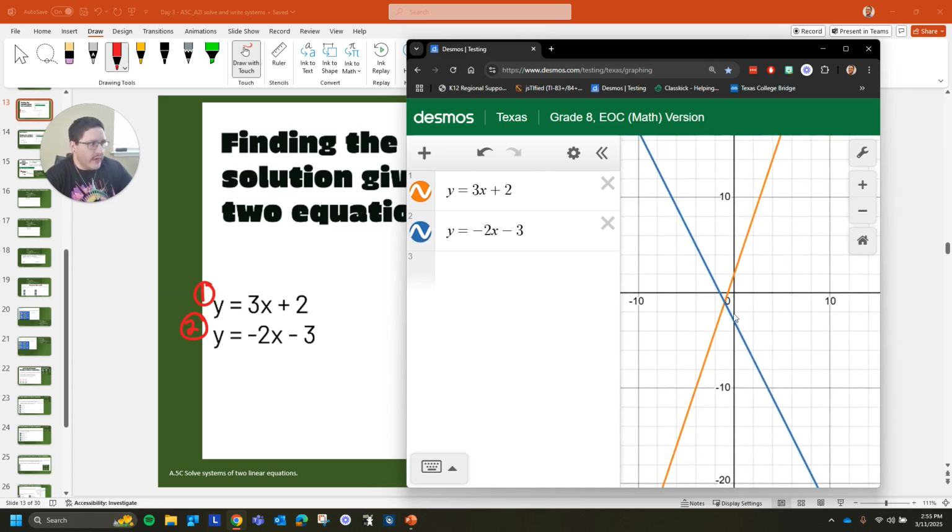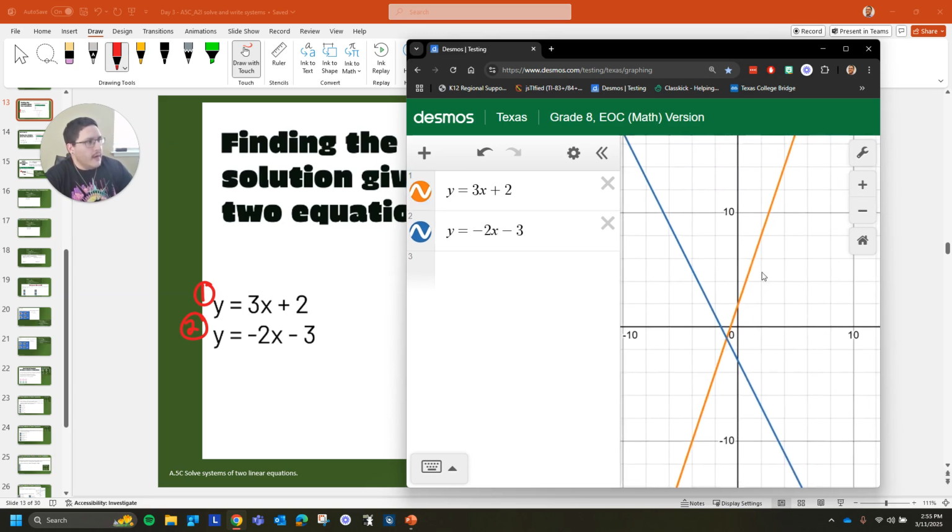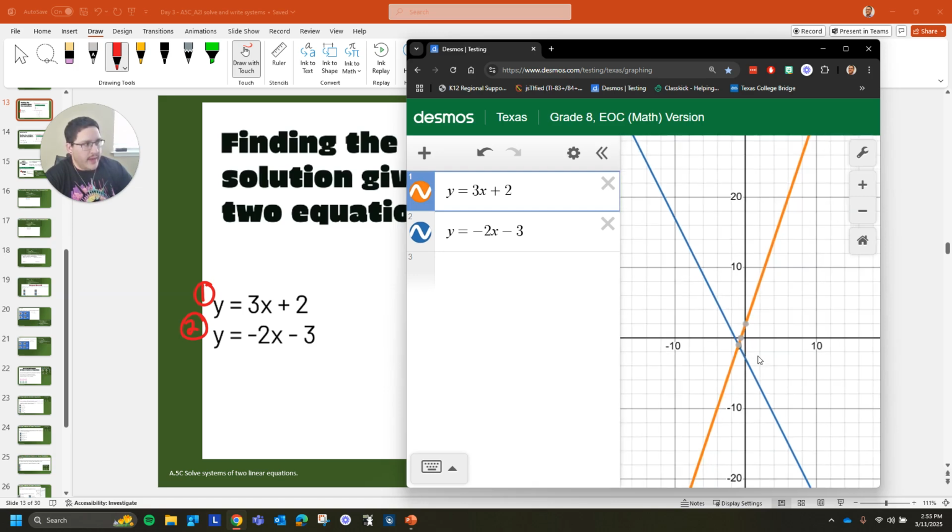Otherwise, you can go through the line and find some nice points if you see they cross through a corner on the grid. Same thing with the orange line. If you click on the orange line, you'll see some points of interest right here. And if you click on those points, they'll stay displayed for the most part until you start zooming out.